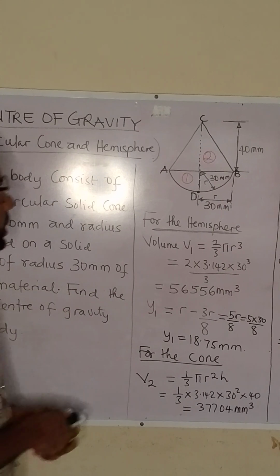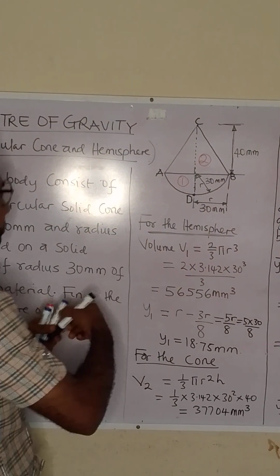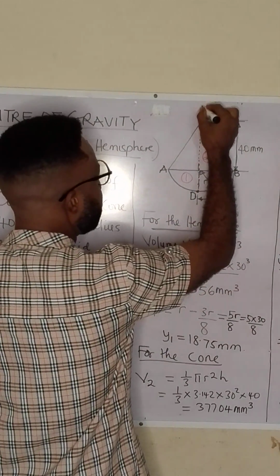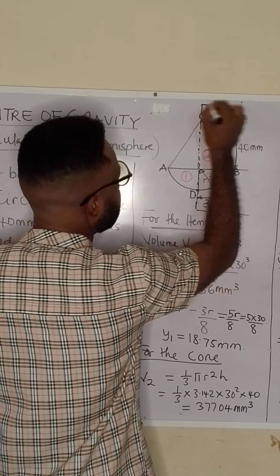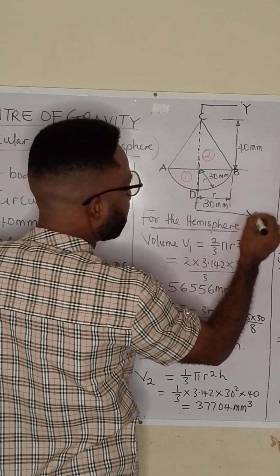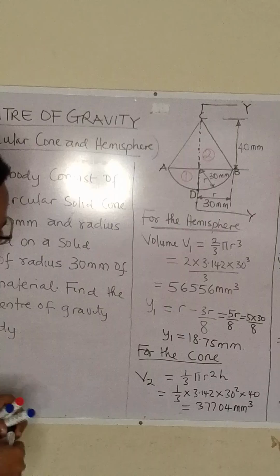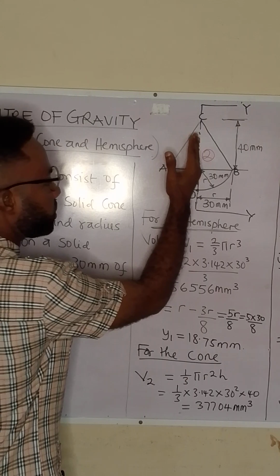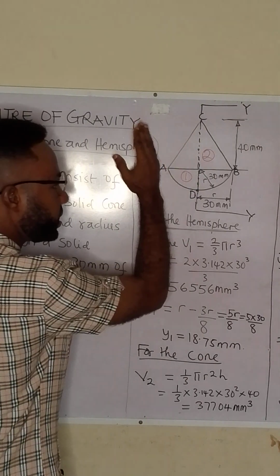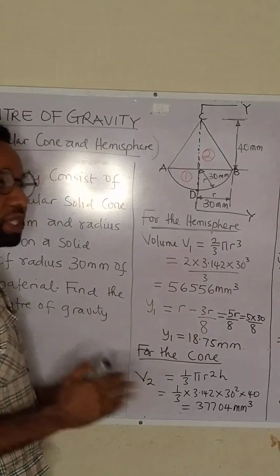Okay, I didn't mention this. If you look at the shape, it is symmetrical about the y-axis. What this implies is, if you cut this shape into 2, you are going to have the same shape. The half of this and the half of this will be the same.